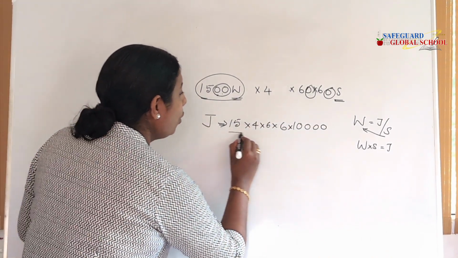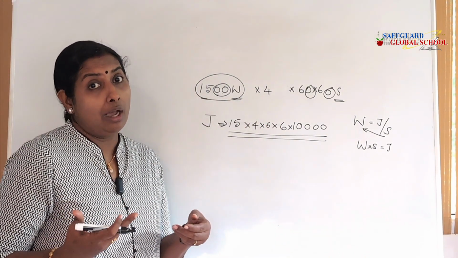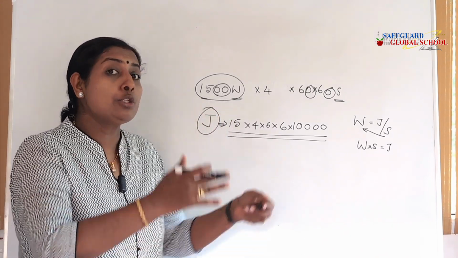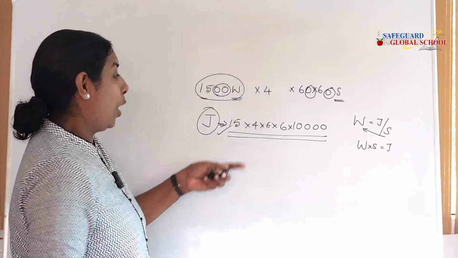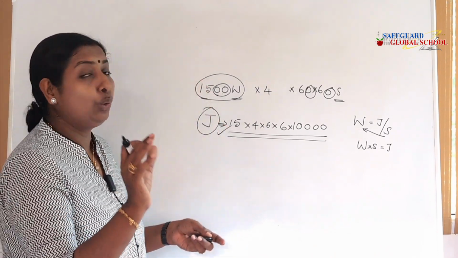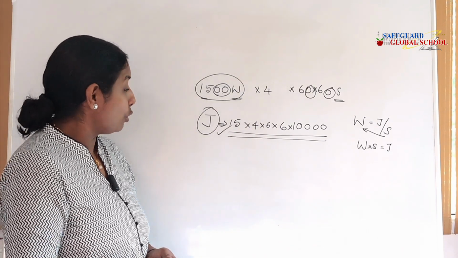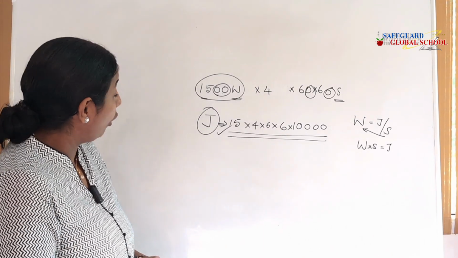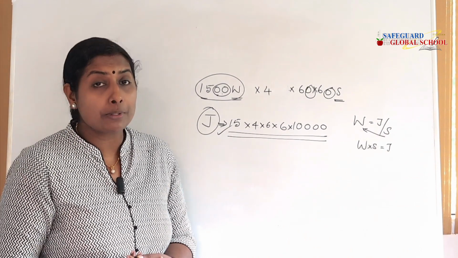Look children, how big this numerical quantity is. So when we get our electricity or energy bill in joule, there will be so many zeros at the trailing end. So this is an inconvenient thing for you. So what we have to do is opt for a higher unit of electrical energy for commercial purposes.